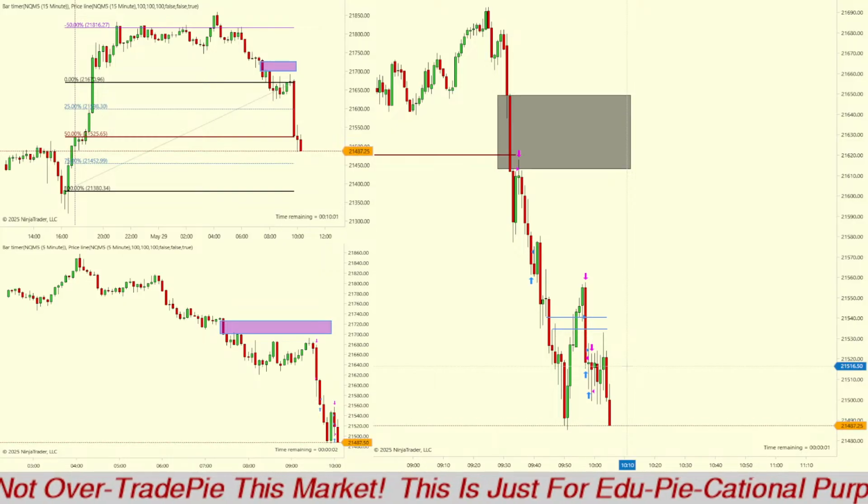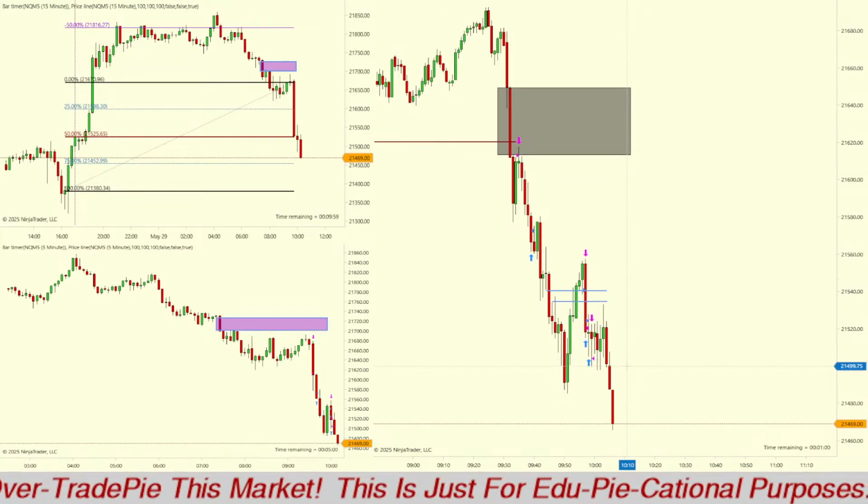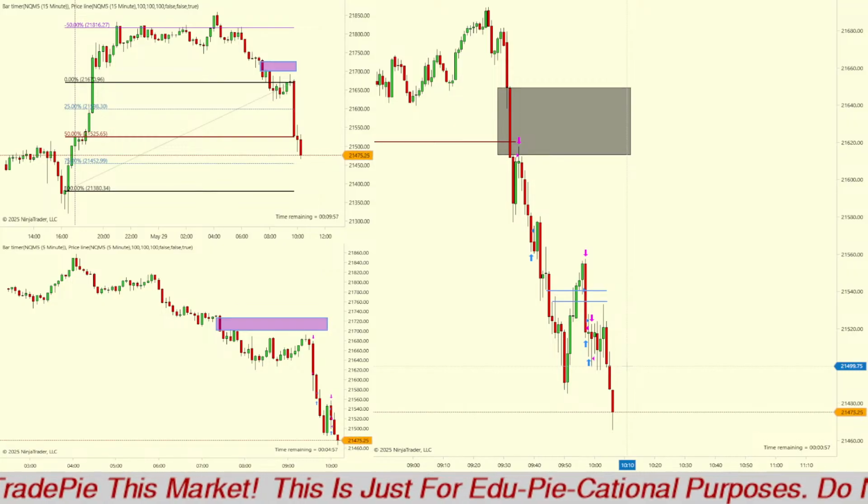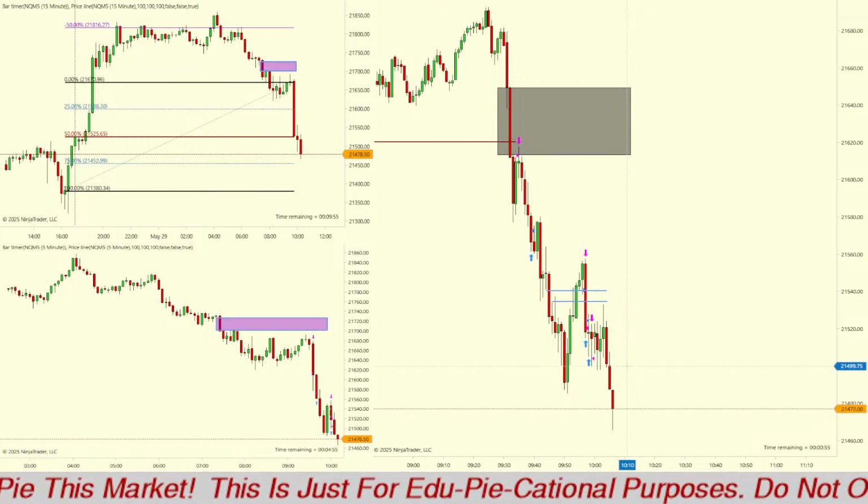Now we are trading just above the lower quadrant.